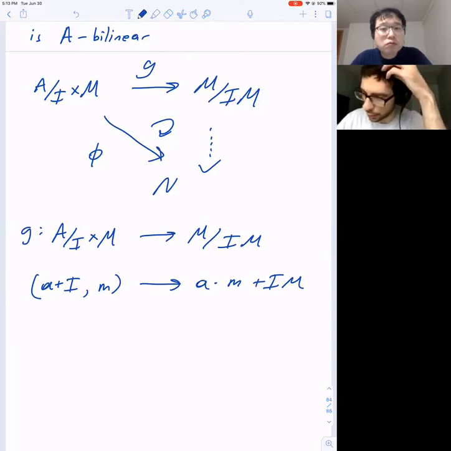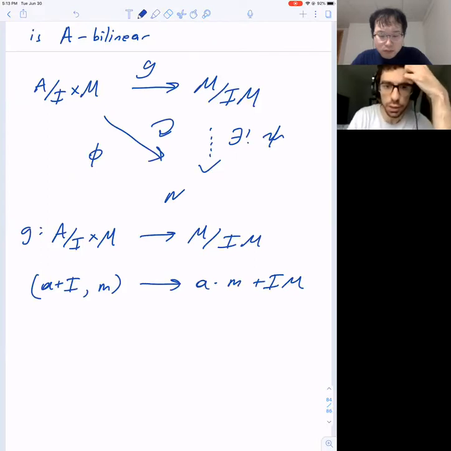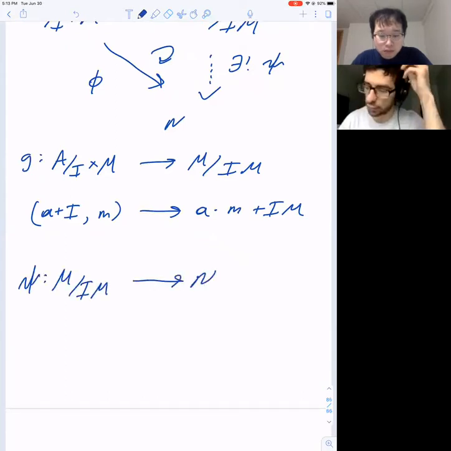So I need to find a special map psi that is unique. So how do I prove that there is a special map psi? So here we are. So let's say psi goes from M mod IM to N. I don't know what psi is.